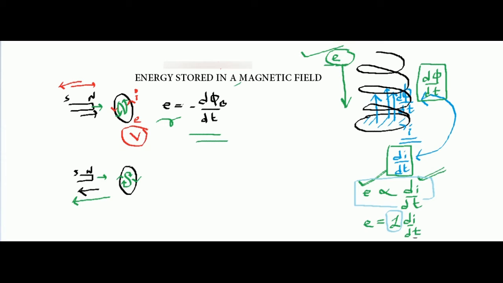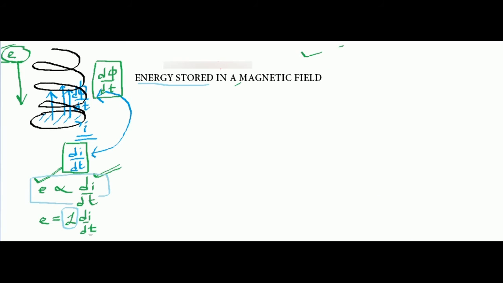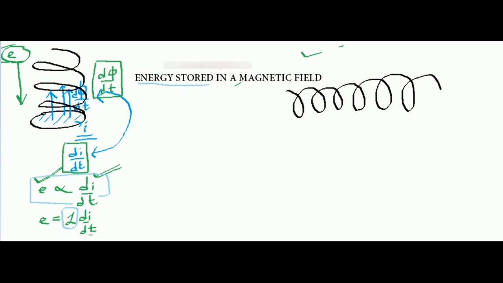So let us not deviate from our main idea. Our main idea was to calculate the energy stored in a magnetic field. So we are going to use these ideas that we have developed to calculate this. Let us make the story again. If you have a circular coil, this is called a solenoid. Agreed? Now we are calculating the energy stored in a magnetic field.